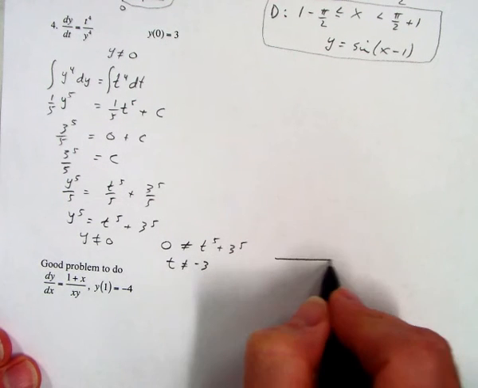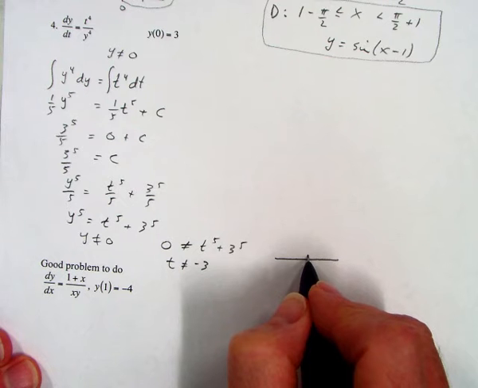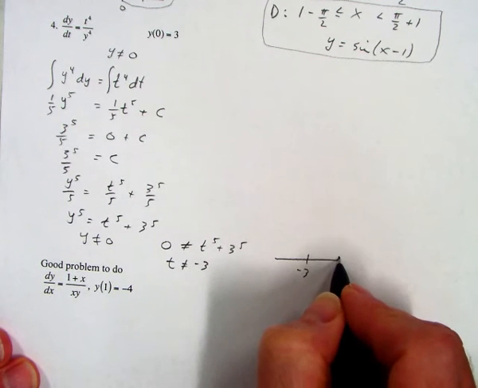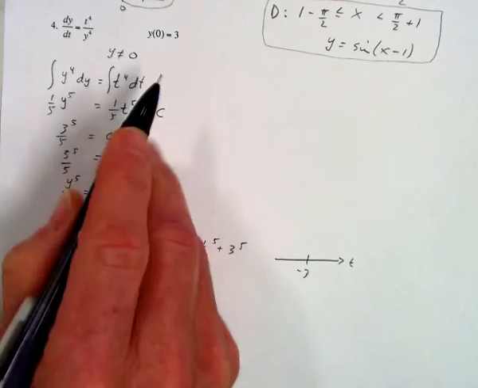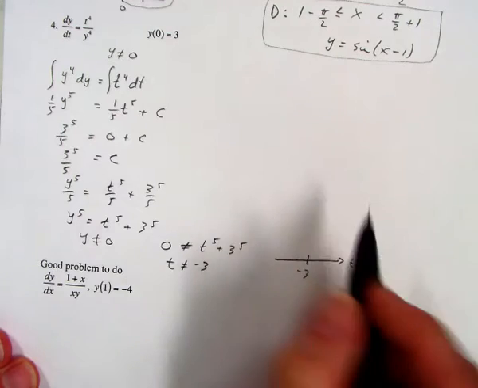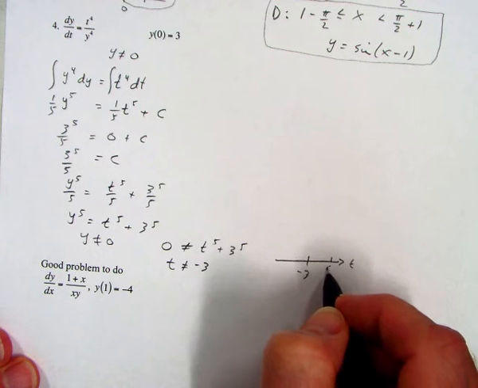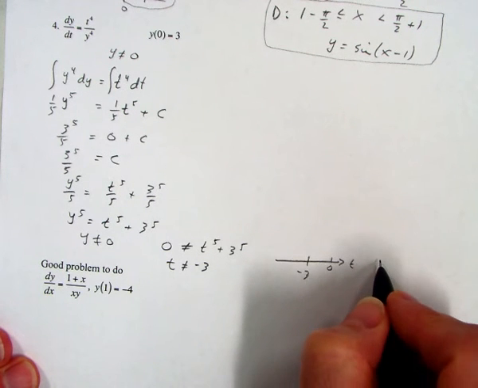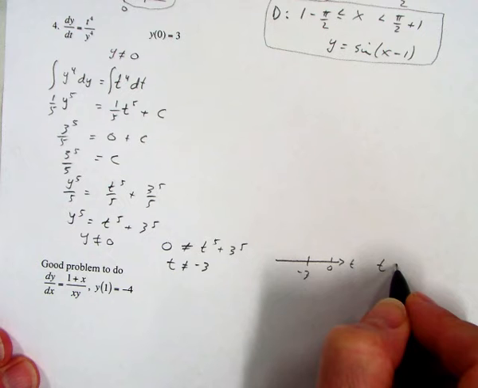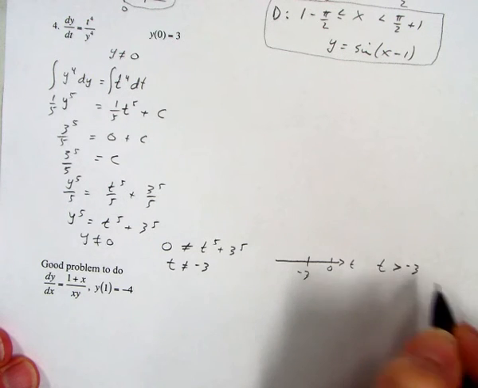So that means on our t numbers here, t cannot be negative 3. And we look at our initial condition, where does 0 lie? 0 lies over here. So what will our domain be? Our domain will then end up being t is greater than negative 3.